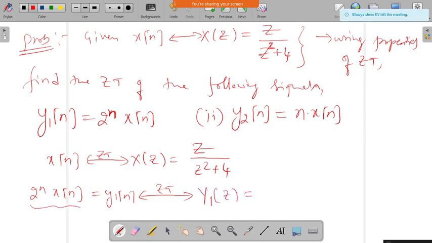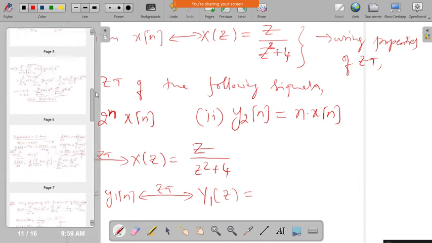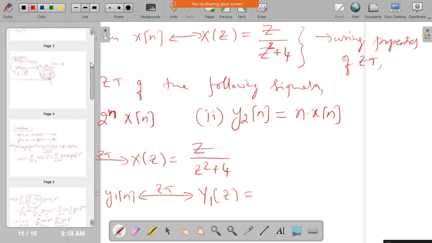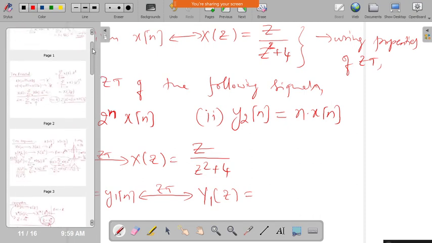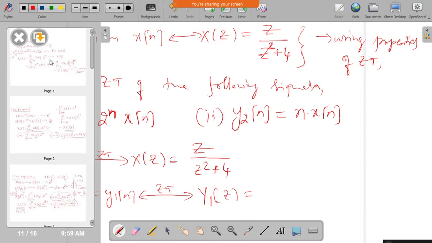Now we can see which property we have to use. Which property you have to use? Alpha power n into x of n, right? It is nothing but alpha power n, scaling in Z domain, right? Is it not? So here we have discussed scaling in Z domain. See here.